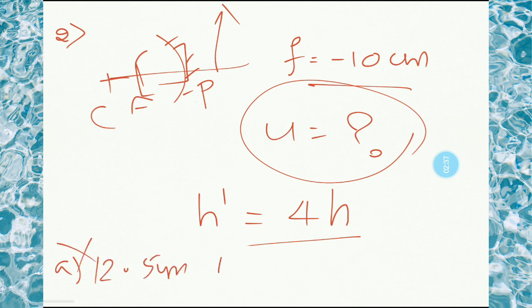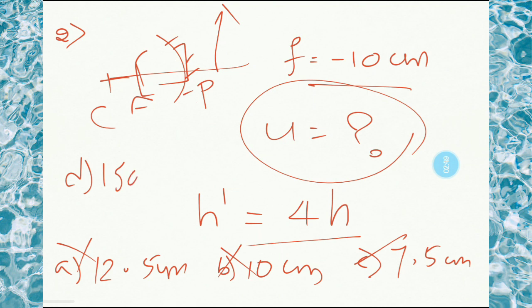Delete this. B is 10 centimeter. If you keep it on focus, the image will come at infinity. No chance. C is 7.5 centimeter. Yes, this is the absolute answer for this. Because D is again 15 centimeter. This also cannot be because it is beyond F, and again it will change. So C is the right option for this. Even though it's a multiple-option question, there is only a single answer for this question.